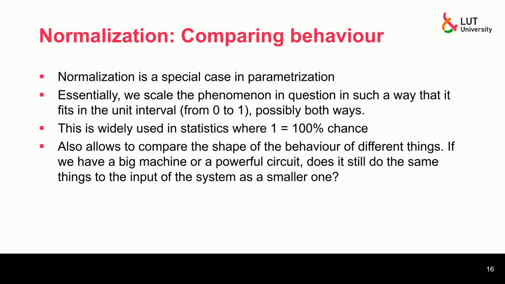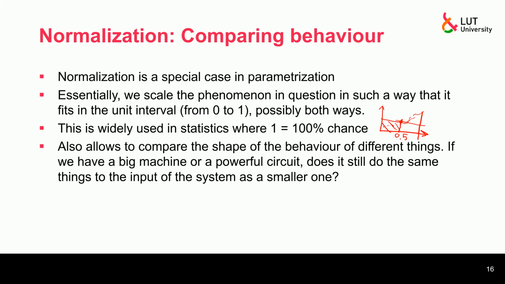Normalization, a special case in parametrization, so we scale a phenomenon. Widely used in statistics, so for example, if we sort some data and the data points are sorted, and then this would be 1, and if we want to read how much of the data is below that line, we check where the intersection is, maybe it is 0.5, so okay, there's a 0.5 chance that we're in this area.